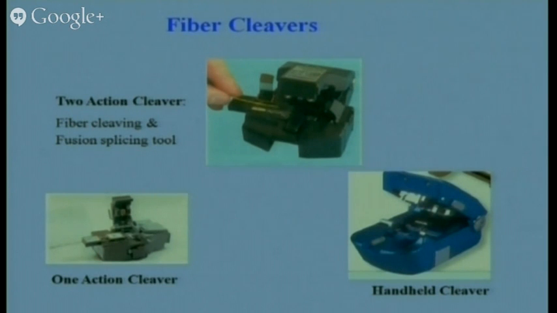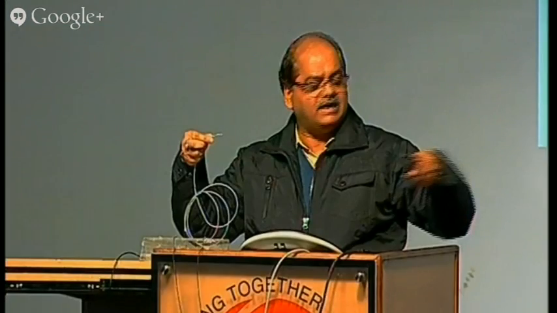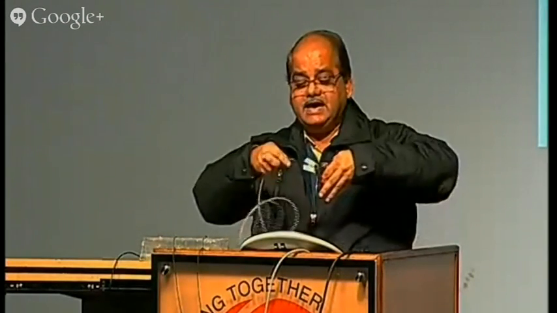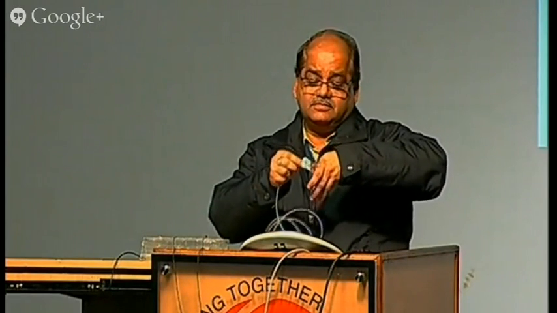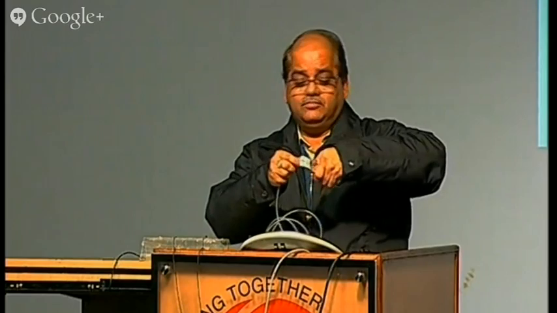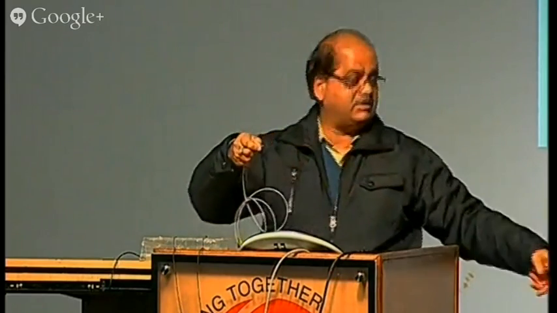Now you have only the buffer. So the buffer can be cut with a fine narrow cutter. Sometimes it is available in the cleaver also, but depending upon the requirement, you can use another cutter which will remove the buffer. So with this part, I can take out the fiber.